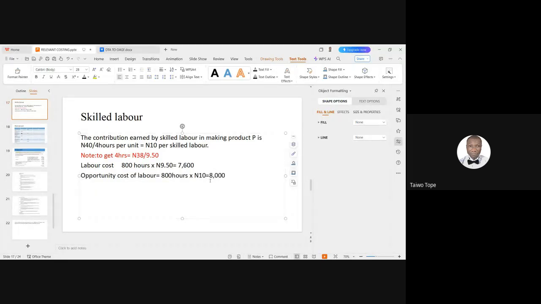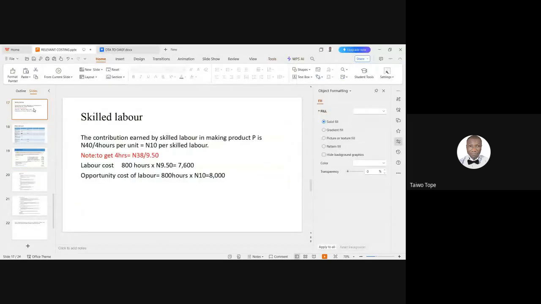So if we decide not to move them, the contribution of 8,000 will be made in producing product P. So the point is this: anytime you have two decisions to make, if there is a sacrifice you have to make to meet up with a decision, that sacrifice, which is the opportunity cost, is the relevant cost related to that contract or to that decision.